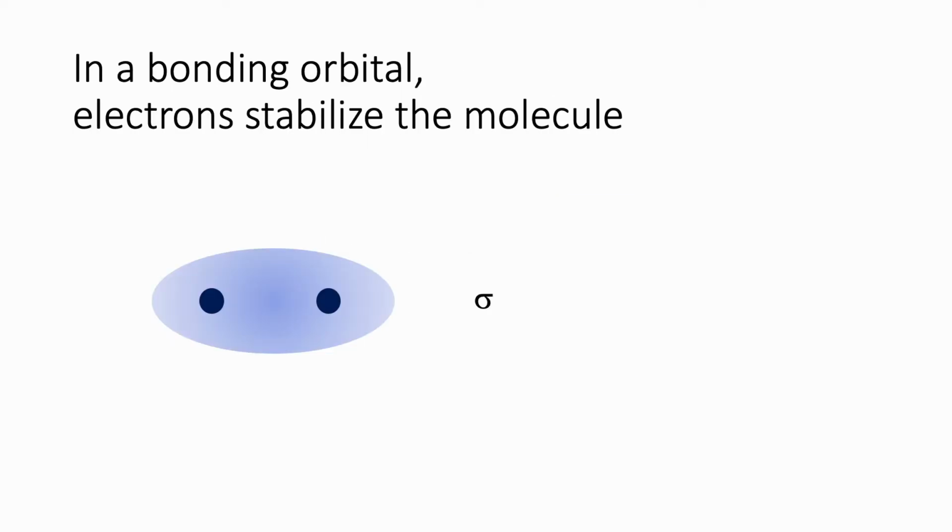Here's the first orbital, the one that we got by adding those two 1s orbitals together. You can see that the highest probability density is between the two nuclei. A negatively charged electron between the two nuclei is going to pull both nuclei towards it and pull them together. That stabilizes the molecule, and so we call this a bonding orbital.